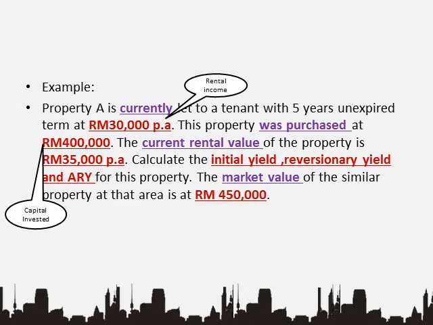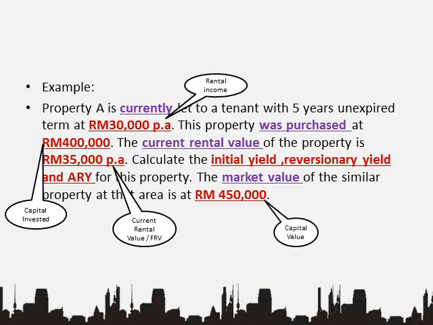Next is the current rental value. Current rental value is the current market value, whereby even though the property is currently let at 30,000, in the surrounding market the property is actually let at 35,000 per annum. So now you can differentiate between rental income and current rental value.